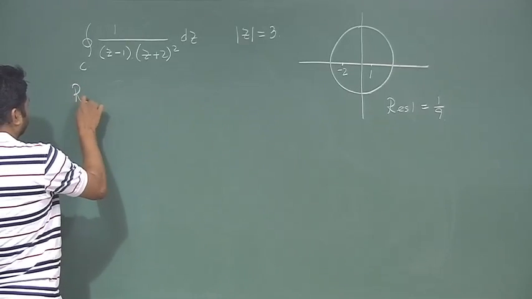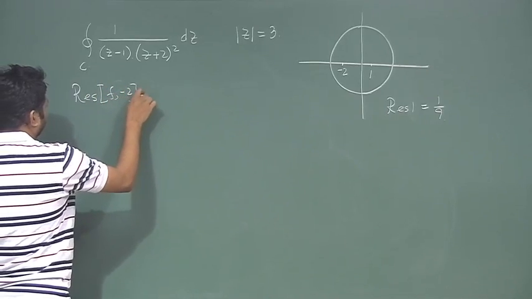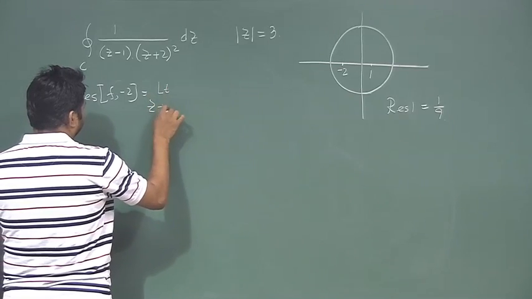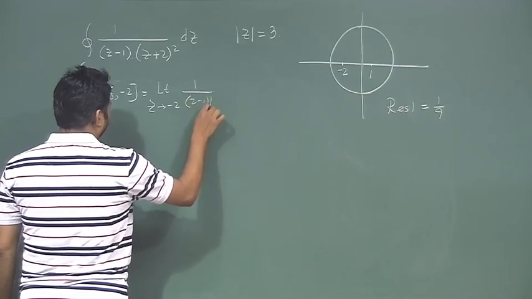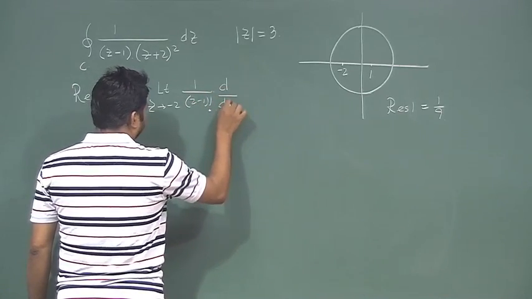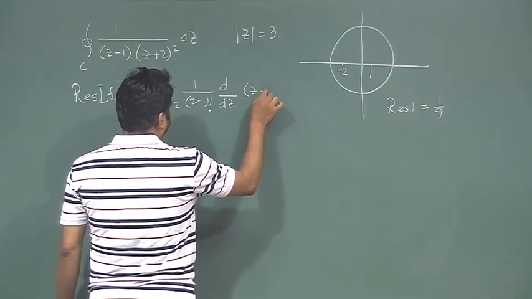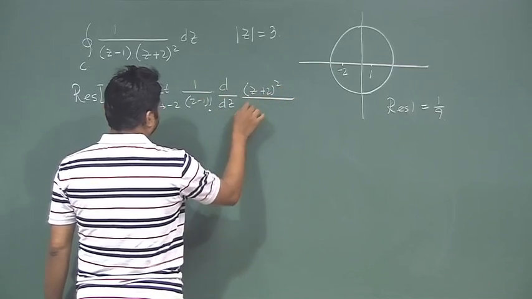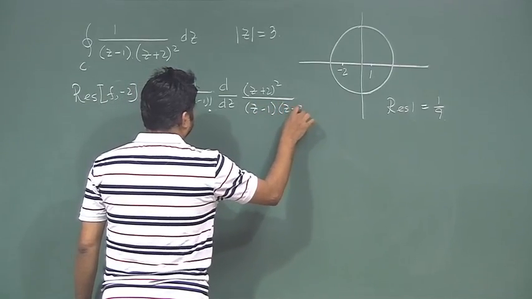So, residue of f at minus 2 is the limit z tends to minus 2 of 1 divided by (2 minus 1) factorial, which is 1, d dz of (z plus 2) whole square multiplied by the function, which is 1 over (z minus 1)(z plus 2) square.